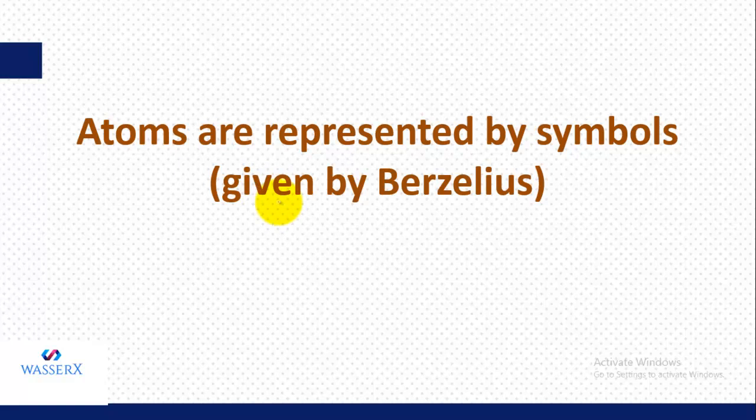Now the question is how we represent atoms. The representation of atoms was given by Berzelius. He introduced symbols to represent atoms, that is, a specific notation which will describe an atom.